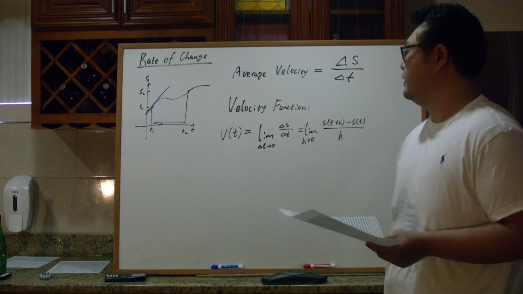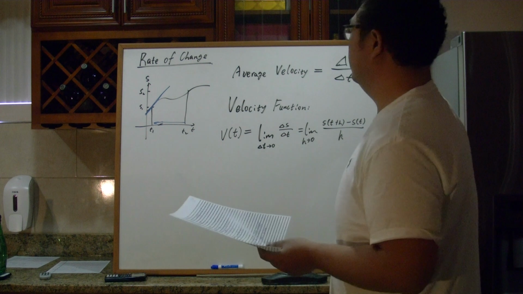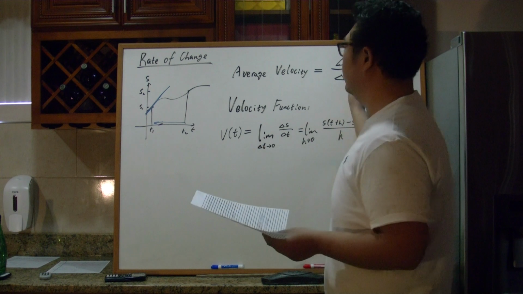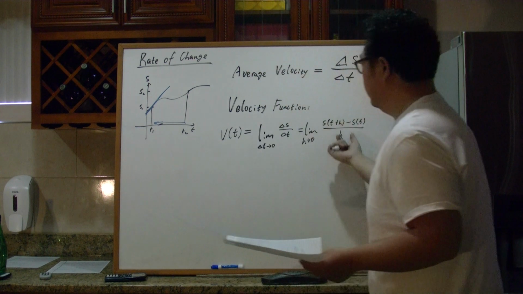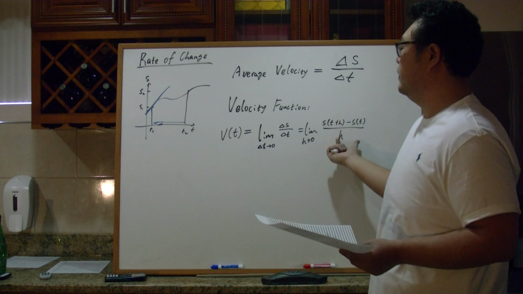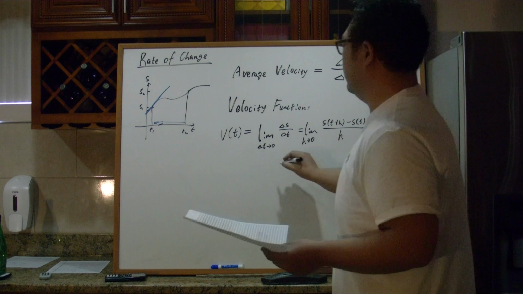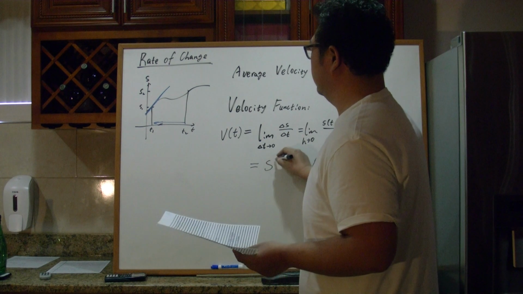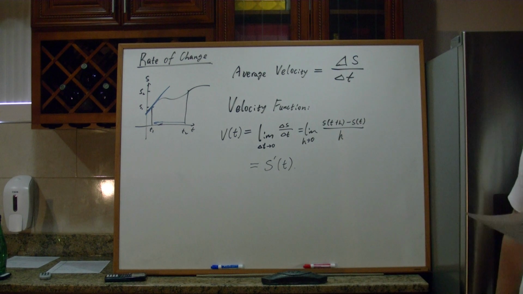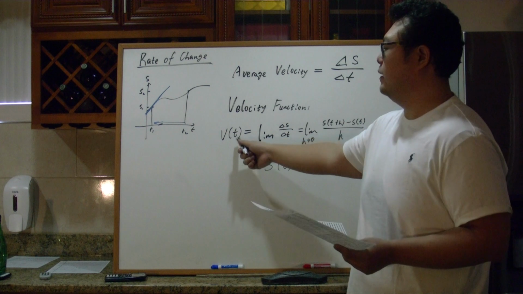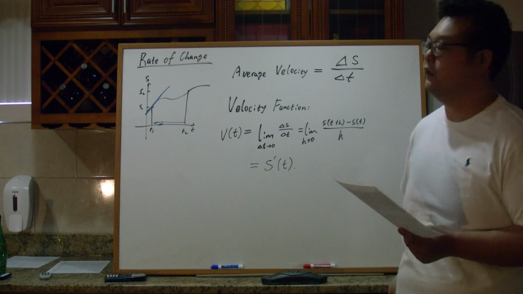The velocity at time t is the rate of change at time t, when the average velocity's change of time approaches 0. By definition, that is the derivative of the position function. So the instantaneous velocity at a specific time is the derivative of the position.